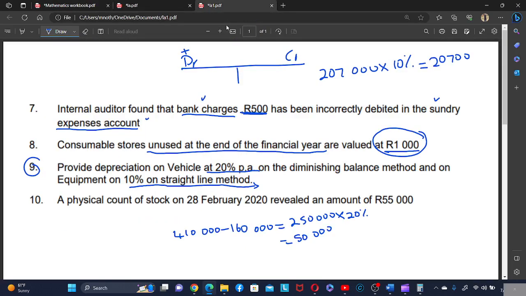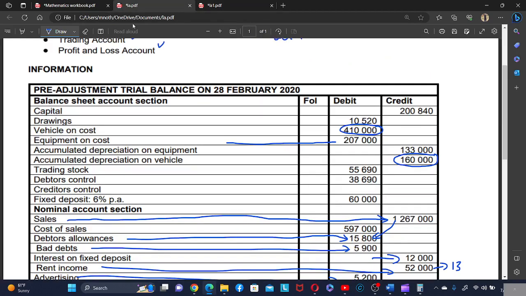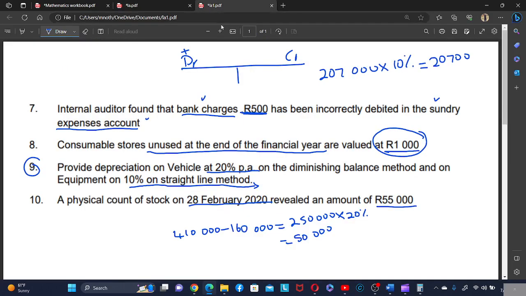Then the last one, a physical stock count on 28 February revealed an amount of 55,000. Now let's look at the trading stock in the trial balance. It is 55,690. So the business thought that they had trading stock worth 55,690. But when doing the physical stock count, it is revealed that actually the trading stock is worth 55,000.